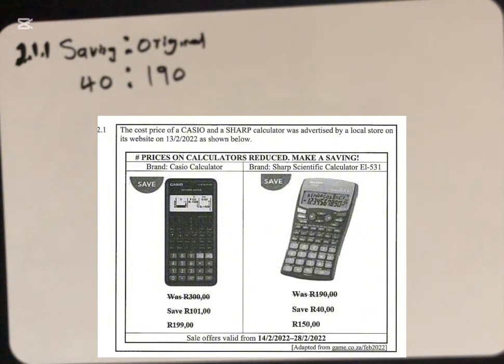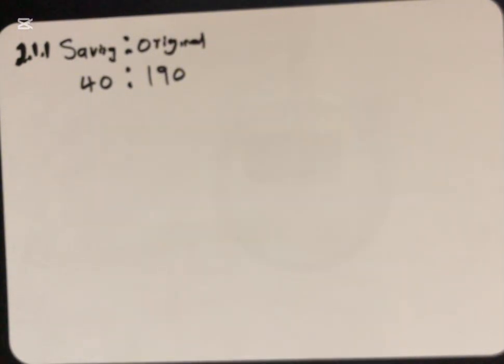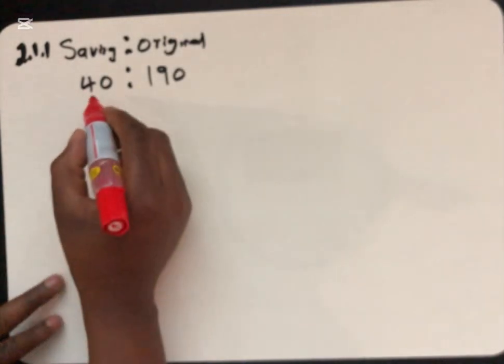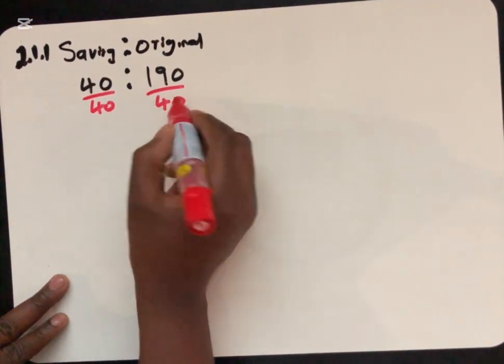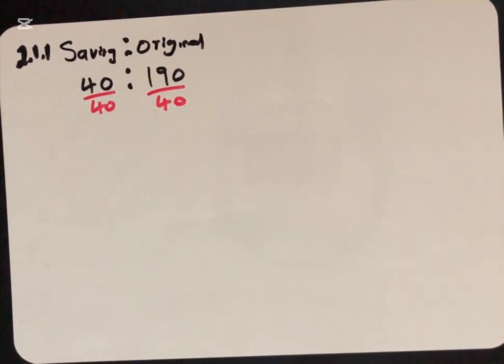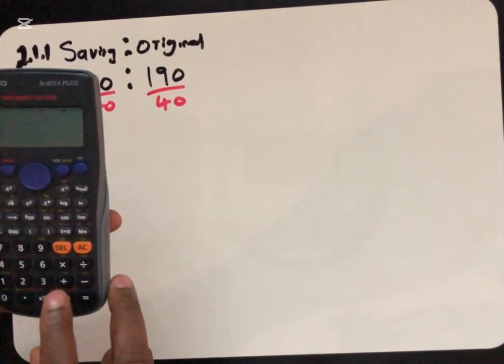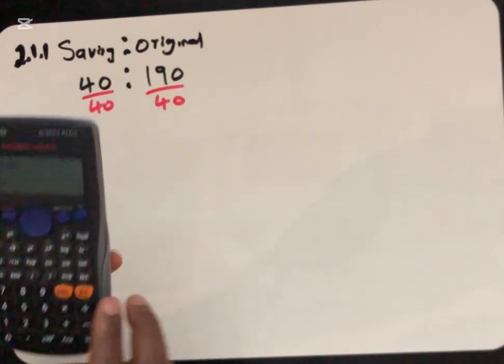But again, if you look at the question, it says in the form of 1 is to something. So what you need to do, you must divide everything by 40 so that we can have that format of 1 is to something. So we divide here by 40, and you divide here by 40 also. Then you take your calculator. 40 divided by 40 is equal to 1.